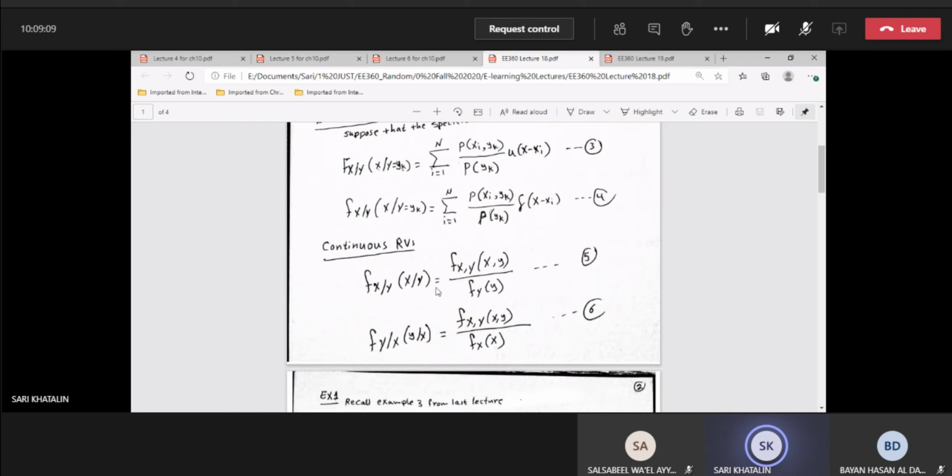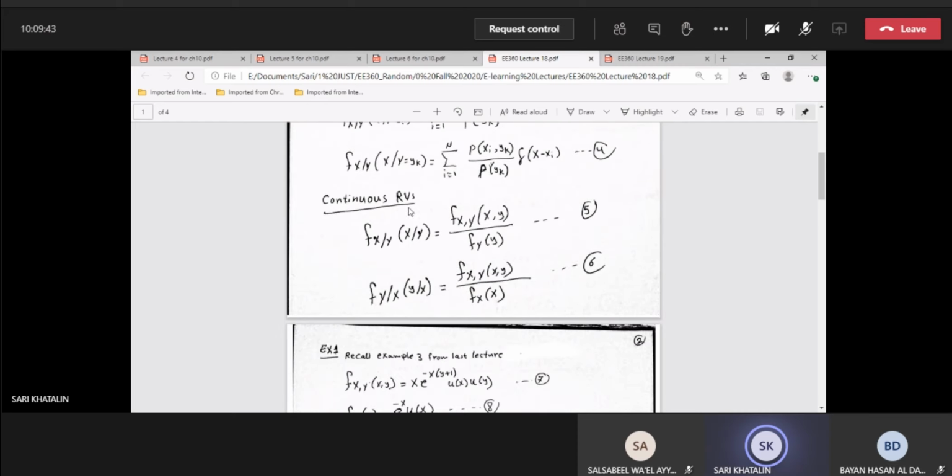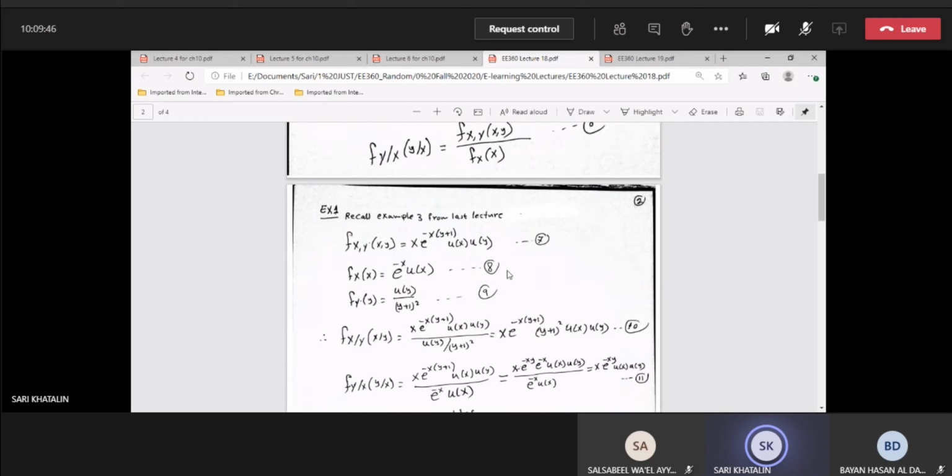As far as continuous, we're going to focus on the conditional PDF. The PDF of X given Y is given as the joint PDF of X and Y divided by the marginal PDF of Y. Similarly, the conditional PDF of Y given X is equal to the joint PDF of X and Y divided by the marginal PDF of X. These are the most important ones we're going to focus on.